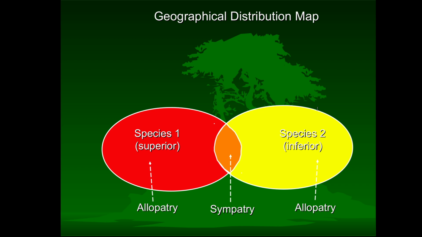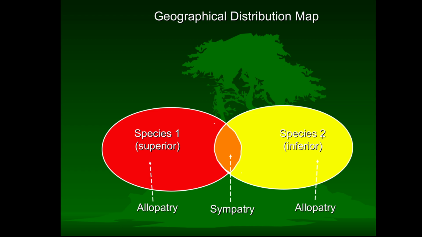And in evolving new ways to become better competitors, Darwin believed that new species often evolved. This was an important enough mechanism for how species originated that it became the title of his book, Origin of Species.